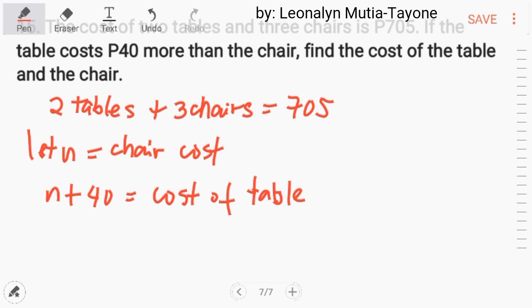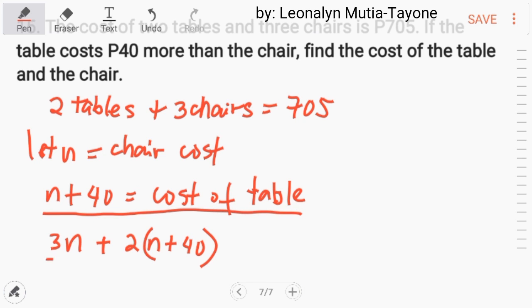And then, the cost of 3 chairs, so 3N, and the cost of 2 tables, which is 2 times N plus 40, ito yung cost ng table, di ba? Ito naman yung sa chair, is equals to 705.